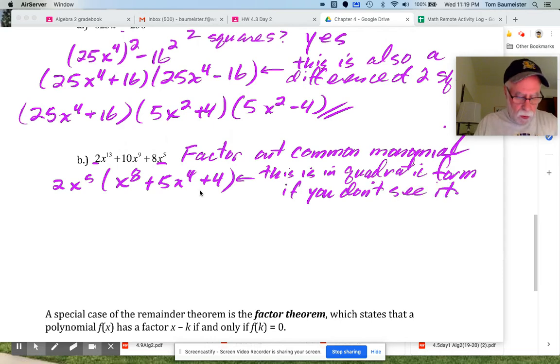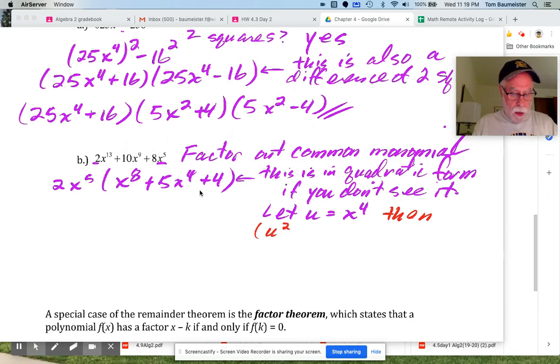use substitution. I'm going to let u equal x to the 4th. If I let u equal x to the 4th, then I have u squared plus 5u, remember u is x to the 4th, plus 4.